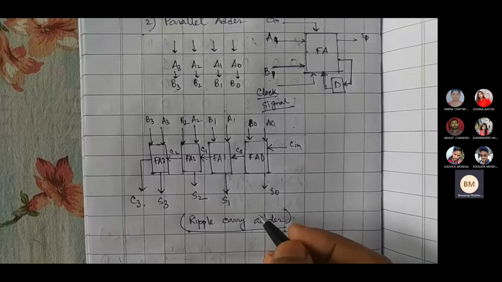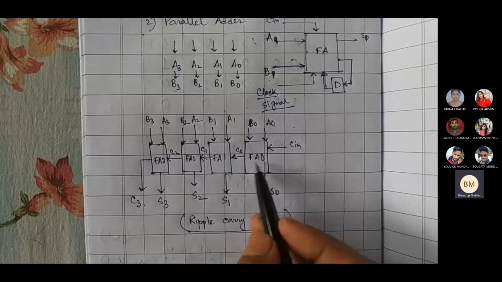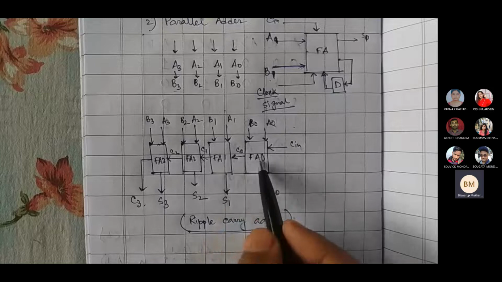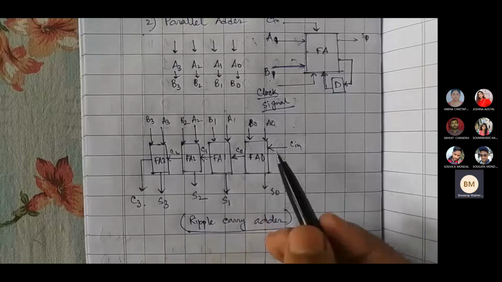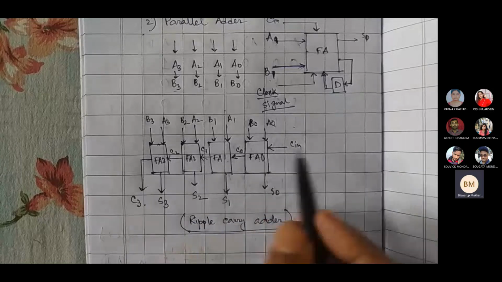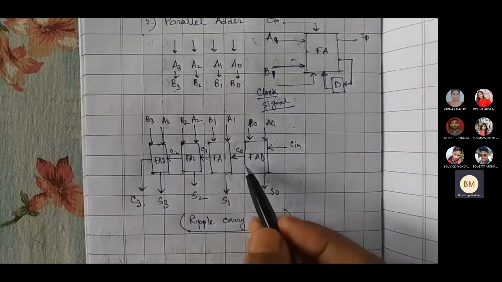Now, there exists a little bit of a problem. If it is 32-bit, that means 32 full adders you need to place inside the circuit.